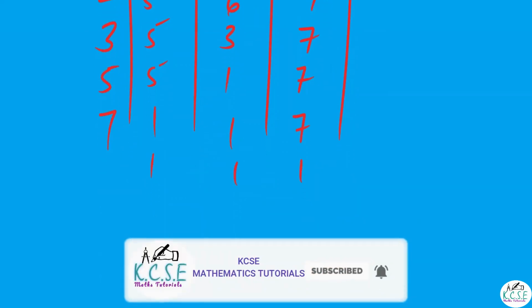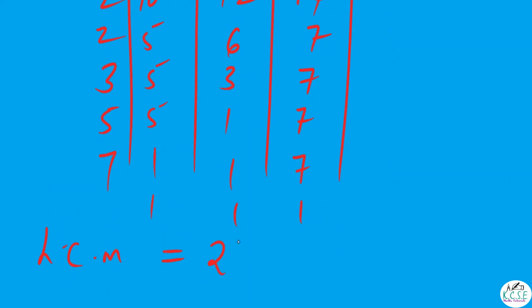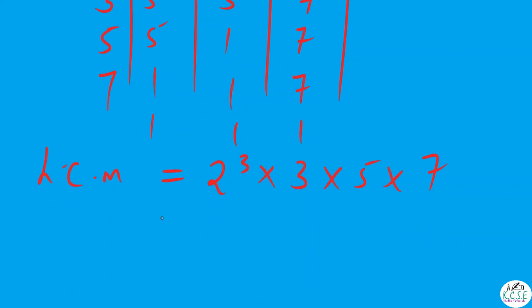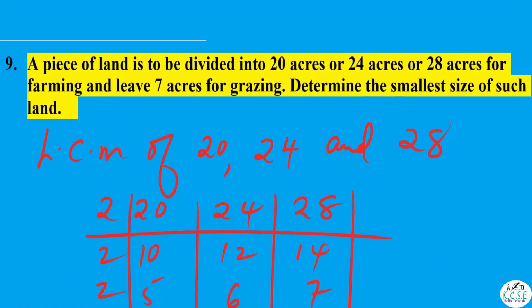So the least common multiple will be given by 2 cubed, which is 8, multiplied by 3, multiplied by 5, multiplied by 7. When you work these out, this will be 8 times 15 times 7, we get 840. So that is the least common multiple.